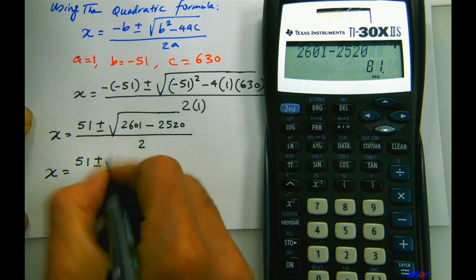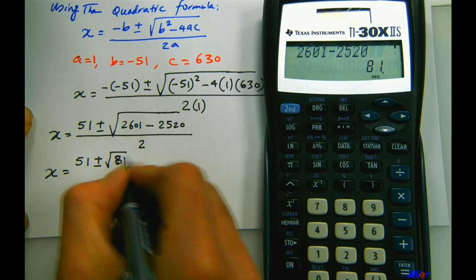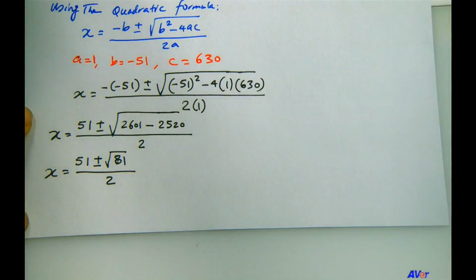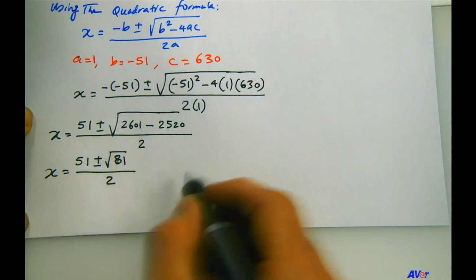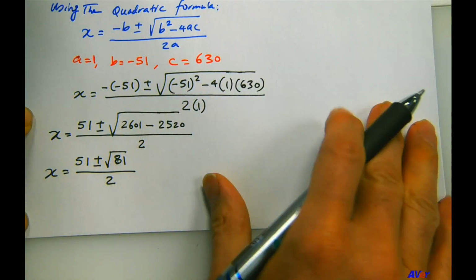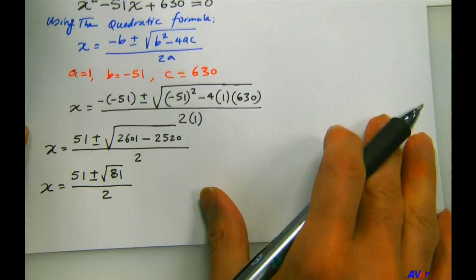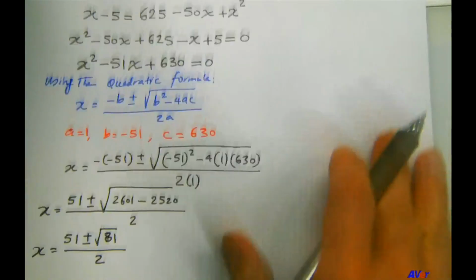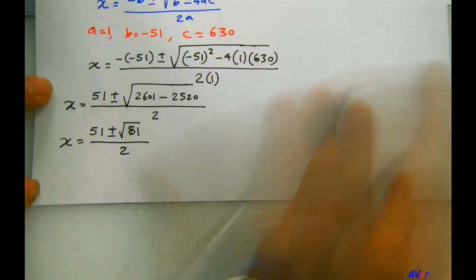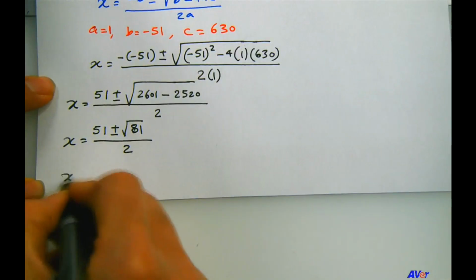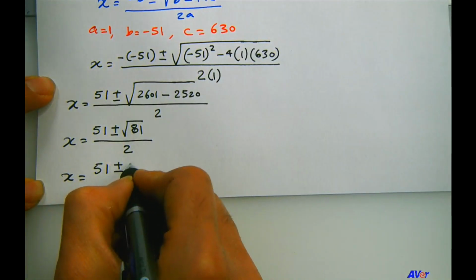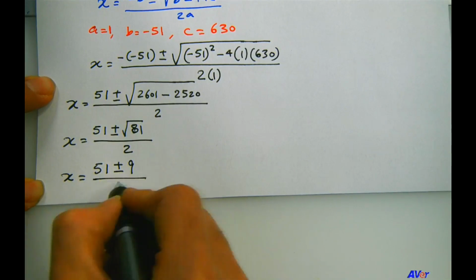Oh, that's nice, because that's a perfect square, divided by 2, right? So what do we have here? Let me use up this blank space before I go up there. So this will be x equals 51 plus or minus 9 divided by 2, right?